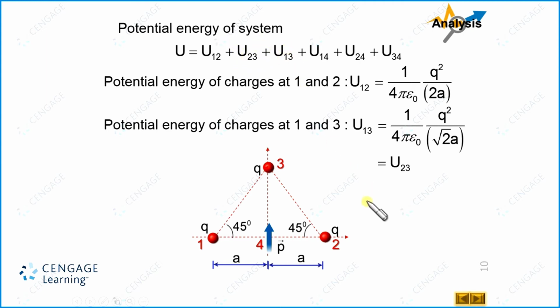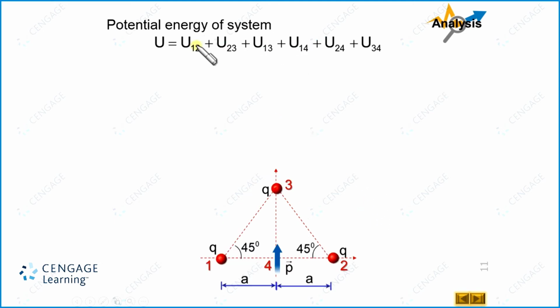Let us write the potential energy terms on the next page. Now come to U14. U14 is the potential energy associated with this charged particle and dipole. So here we can write the potential energy for this system equal to minus P dot E1. E1 is the electric field because of charged particle 1 at the center of the dipole.